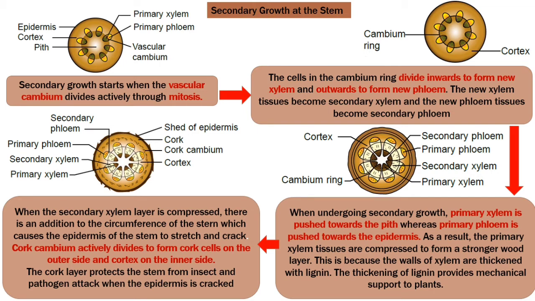The cork layer protects the stem from insect and pathogen attack when the epidermis is cracked. So after undergoing secondary growth, the plant stem has secondary phloem, secondary xylem, cork, and the cortex layer.